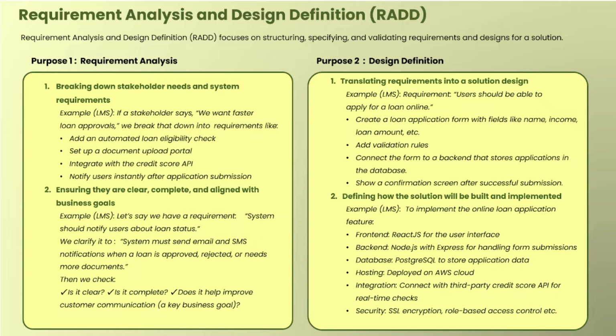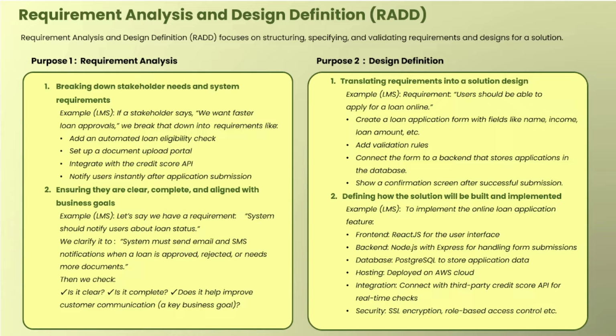When we are implementing the loan management system application, these are the features that should be developed. In the front end, use React.js for the user interface. For the back end, use Node.js with Express for handling form submission. For the database, some SQL application data should be there.